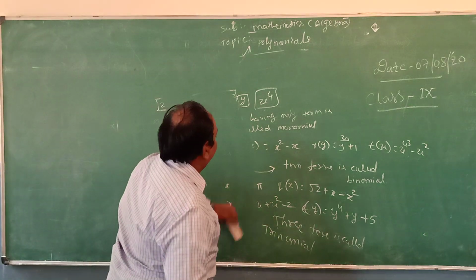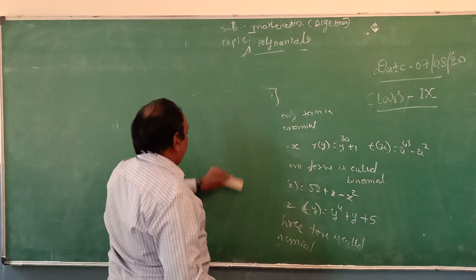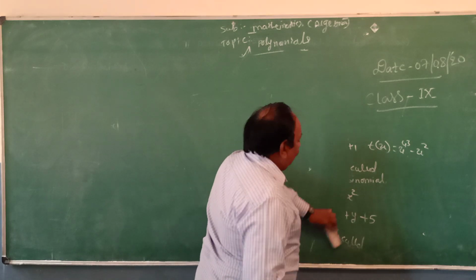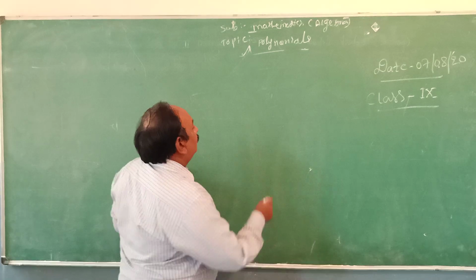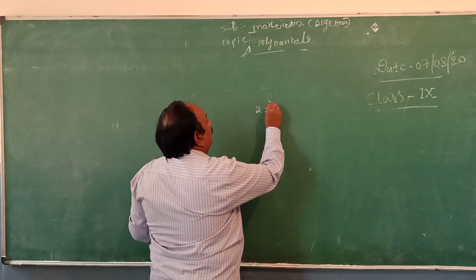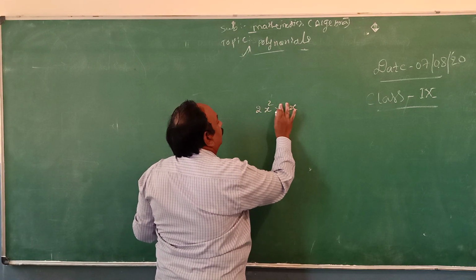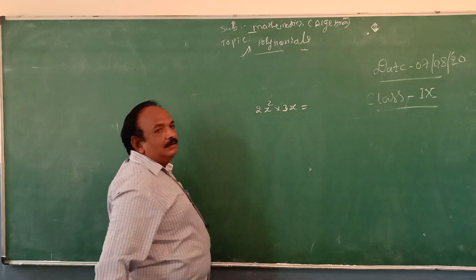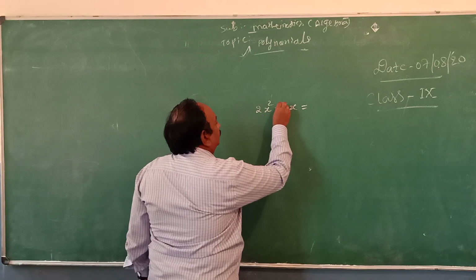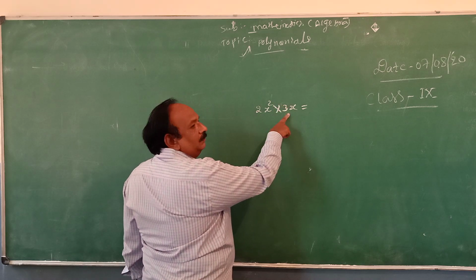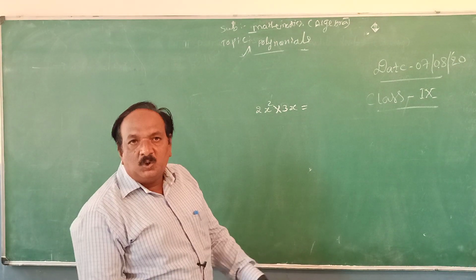Now I write here, my dear students, you got one confusion. I want to write once again: 2x square into 3x. So many students got confusion like this. Here are two terms, it is a binomial, they conclude.